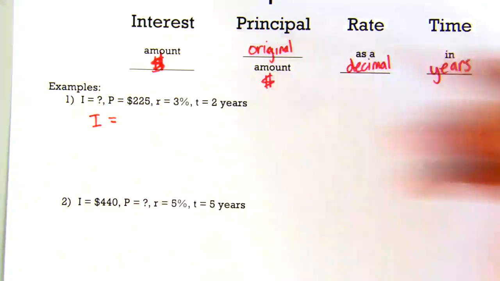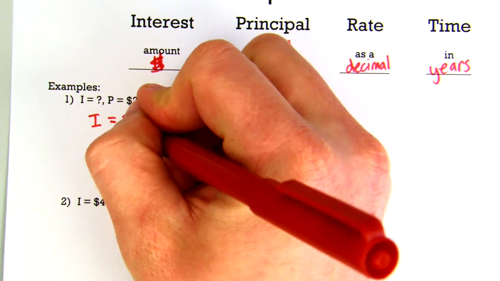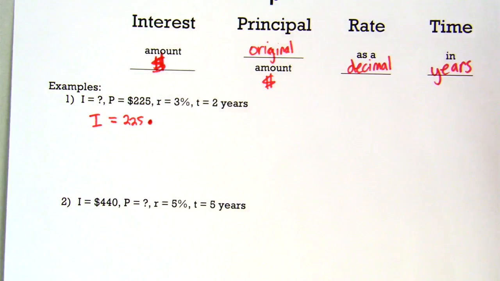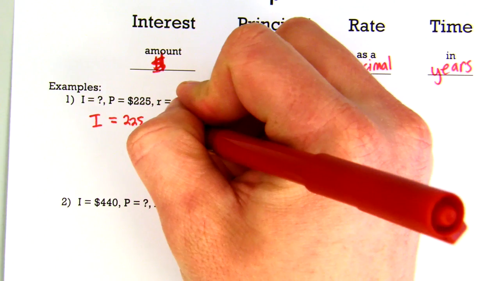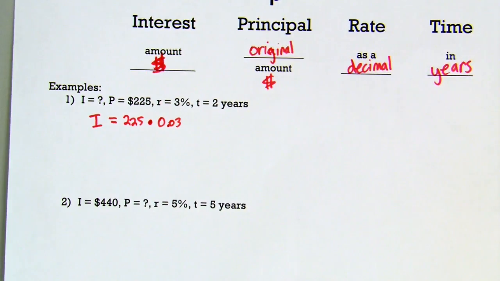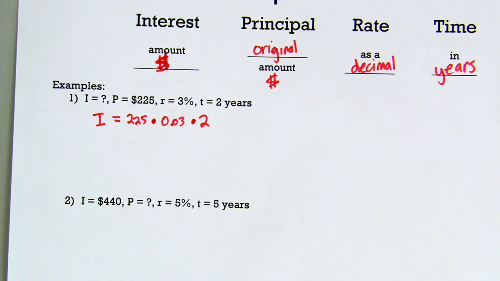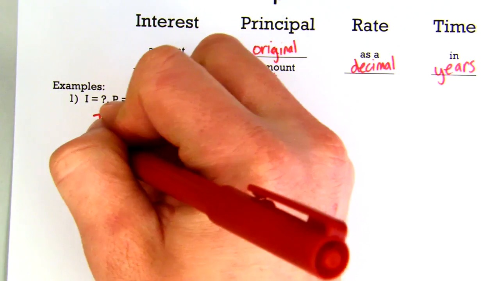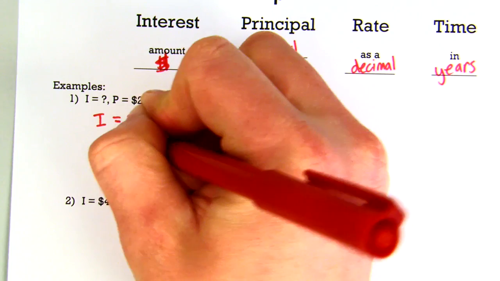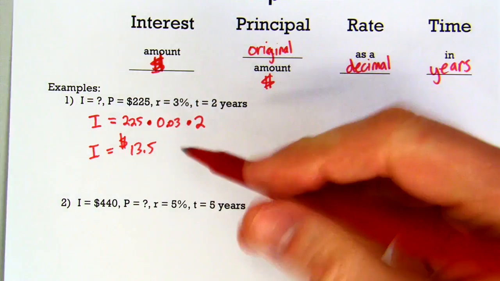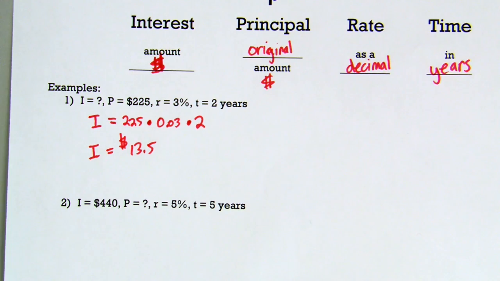That equals my principal, which is $225, times my rate, which is 3%, or 0.03 in decimal form, times my years, which is 2. Plugging that into the calculator, I get an interest of $13.50. So if I kept that $225 in an account for 2 years at that rate, I would earn $13.50.